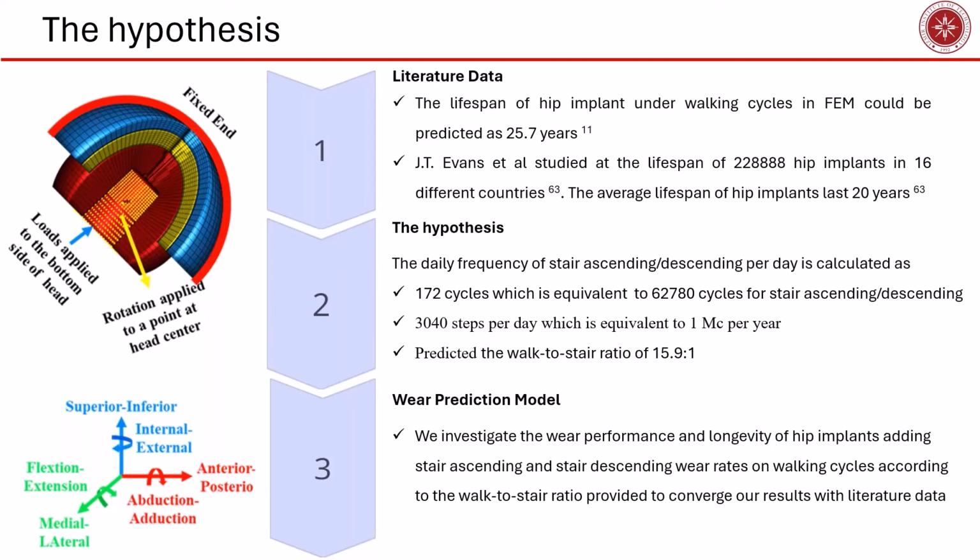While patients take 3,040 steps per day, which is equivalent to 1 million cycles, which means that we assume the frequency of walking is approximately 16 times higher than the frequency of stair ascending and descending activity.